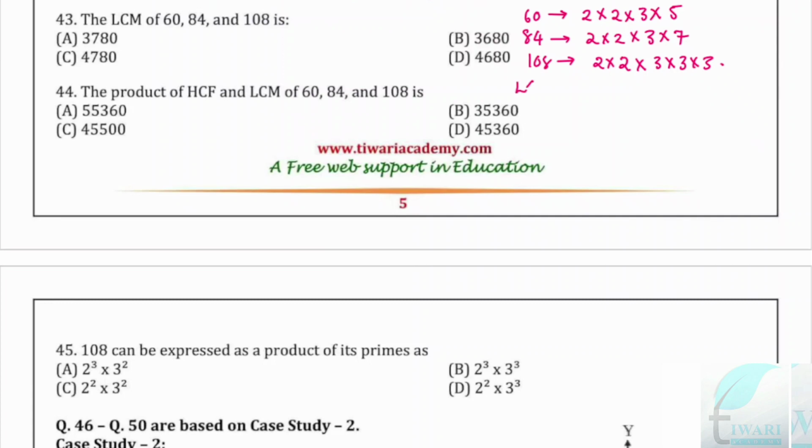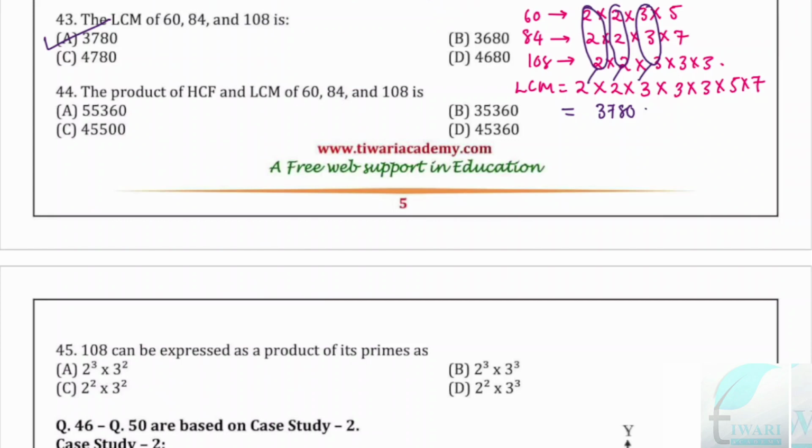So the LCM will be equal to 2 into 2 into 3 into 3 into 3 into 5 into 7. If you calculate this LCM, it will be 3780, because these three are making a pair, this is making a pair, and this is making a pair. Rest all are remainders. So the answer is 3780, option A.